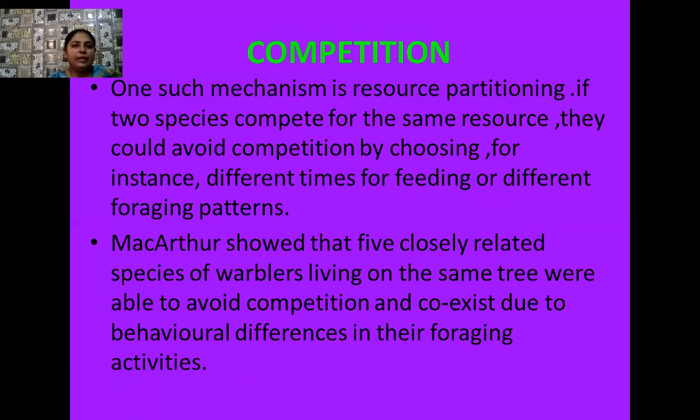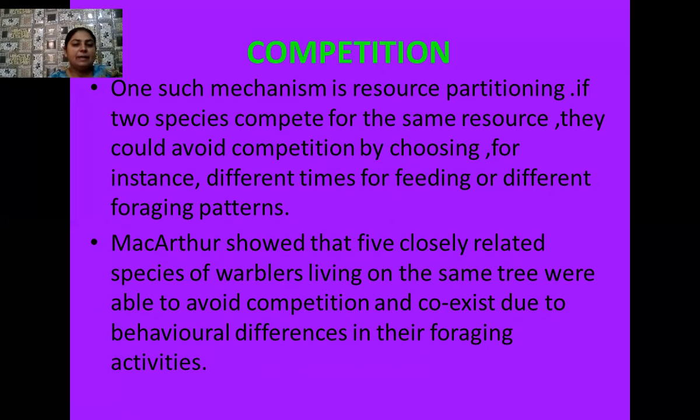Here I want to tell you about one mechanism that is generally adopted by species, and that is resource partitioning. If two species compete for the same resource, they could avoid competition by choosing, for instance, different times for feeding or different foraging patterns.